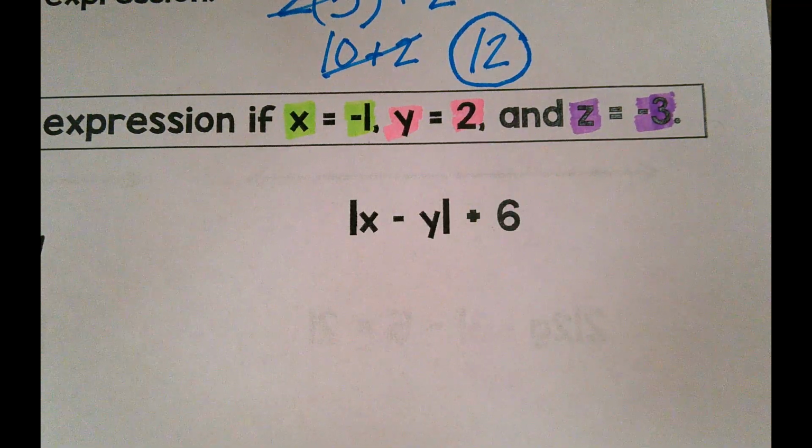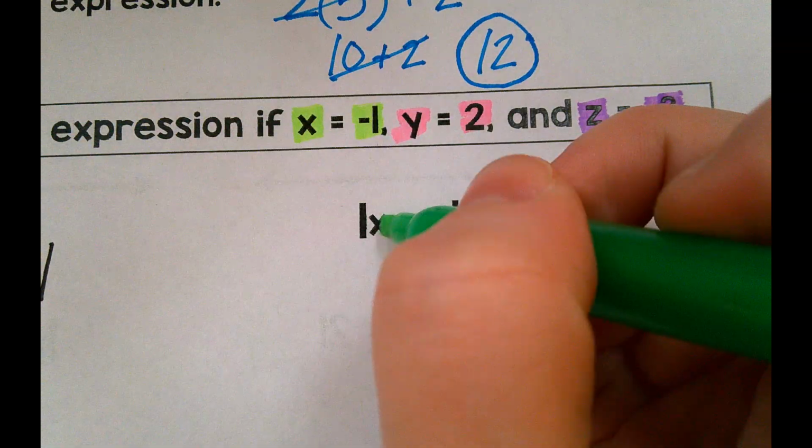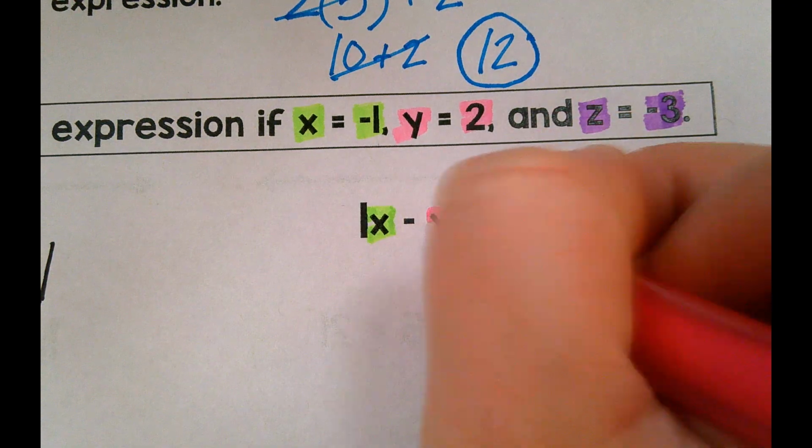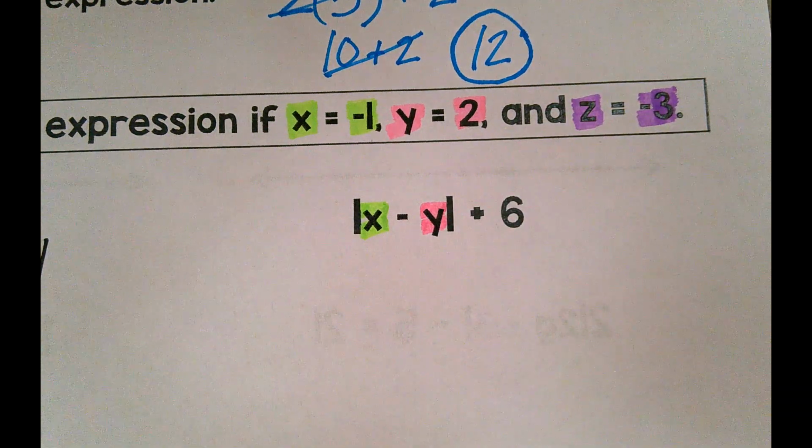So, first of all, what is my x? What is my y? X is negative 1, and y is 2. Good. X is -1, y is 2. So, first, let's put those in.